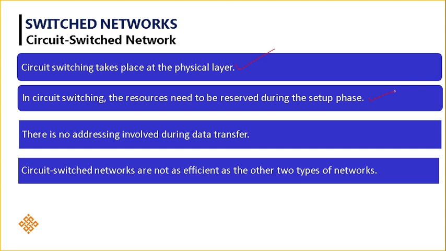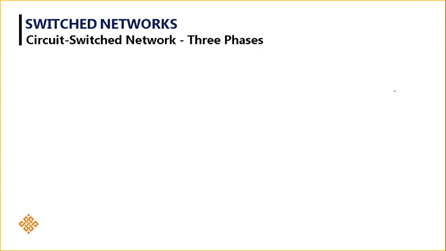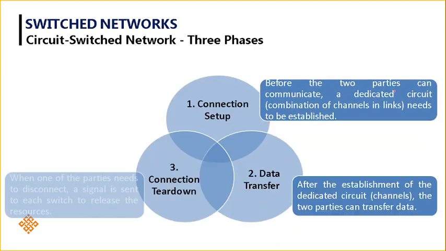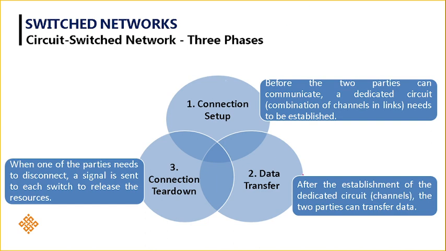Normally, in circuit switch we have three phases. Here you can see, that is connection setup, data transfer, and connection tear down. Before the data transmission takes place between two systems, system 1 and system 2, first a connection needs to be established. That is what we call the connection phase.